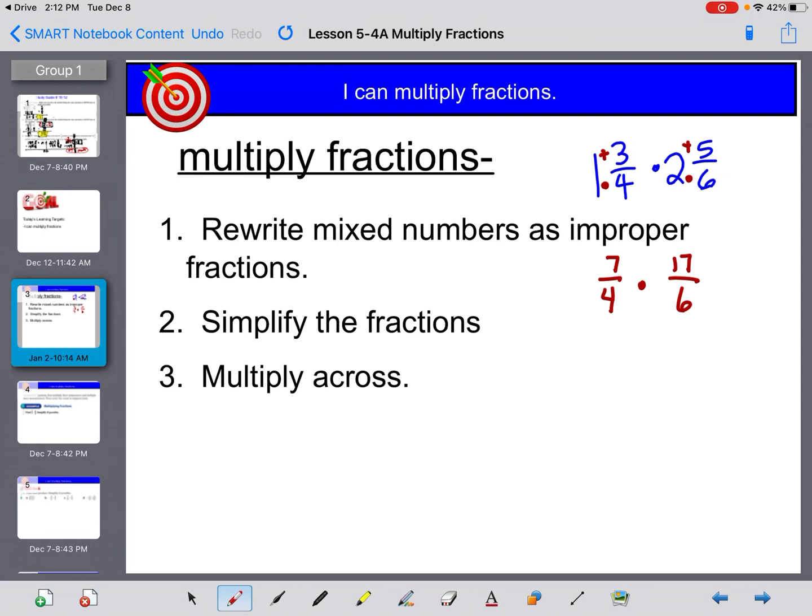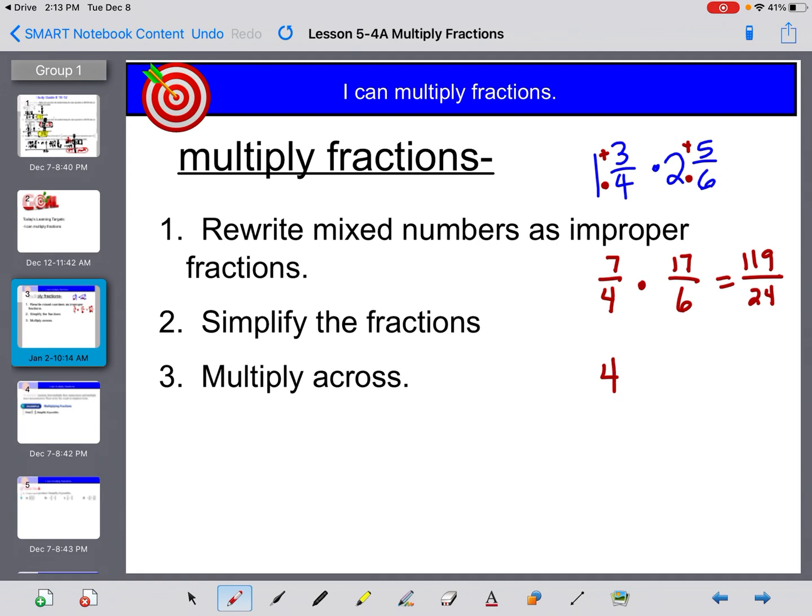In this case, I cannot. And so now I take 7 times 17. Feel free to do a side problem. And you get 119 over 24. Now, 119 over 24 is an improper fraction.